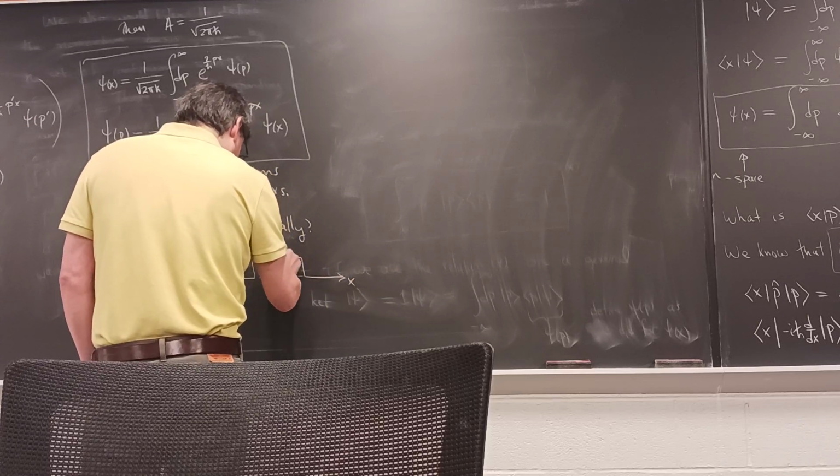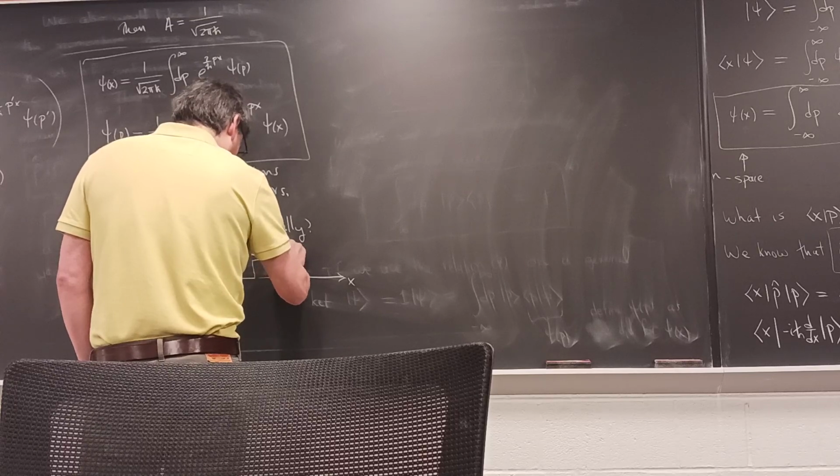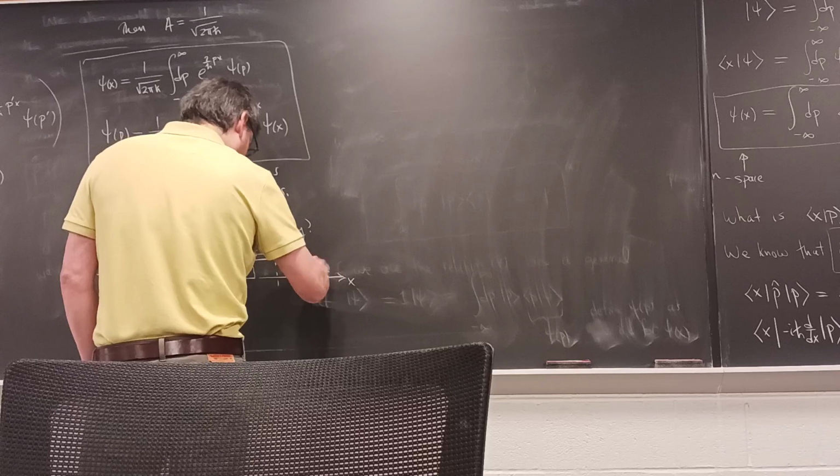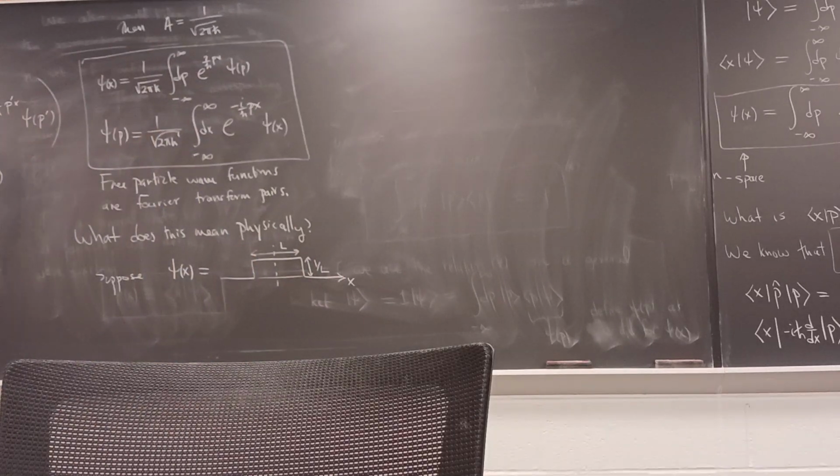So let's say it has a width L and a height that then has to be 1 over L so that it's normalized.